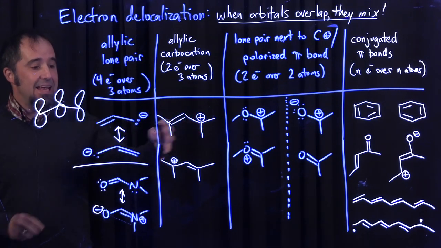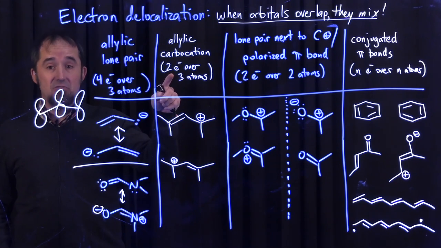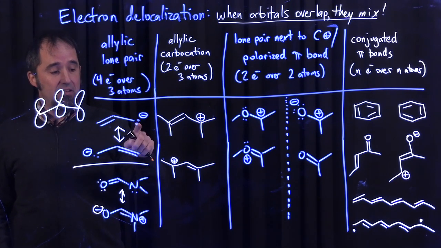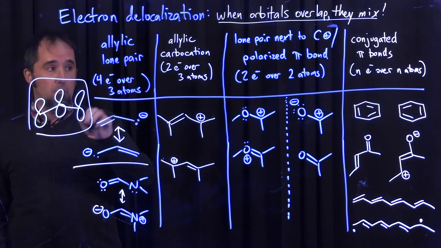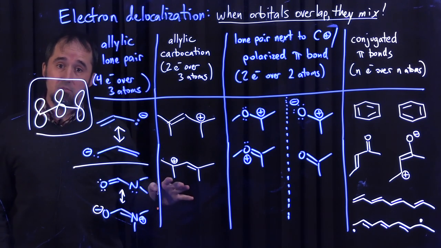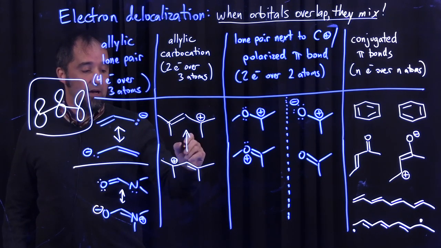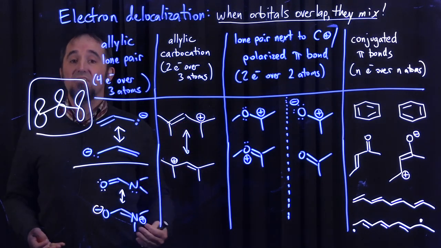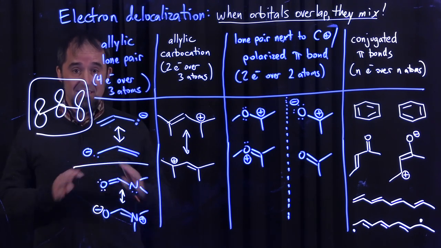Here I have the same orbital system, but instead of having 4 electrons, I have 2 electrons. So instead of having a filled orbital with a negative charge, I have an empty orbital with a positive charge. So this picture applies to both of these columns, all right? And just like before, I can think about these 2 things as resonance structures, 2 different ways to characterize the same thing.